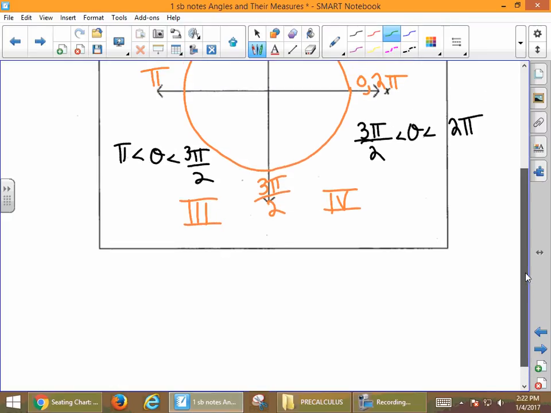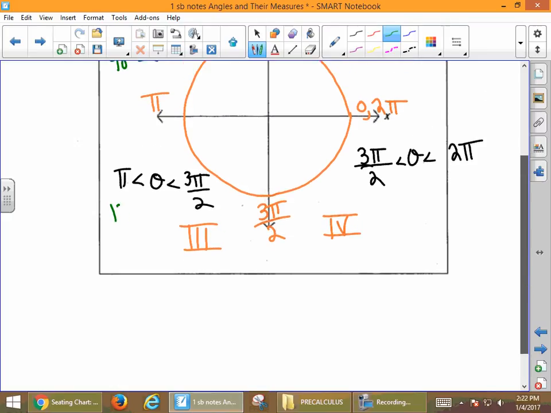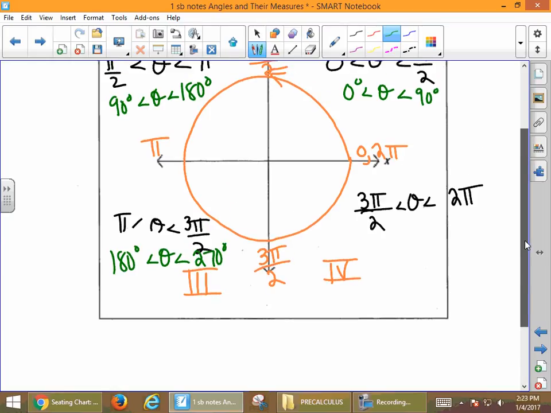Then in quadrant 3, we're going from 180 to 270. Again, 180 is still quadrantal. 270 is still quadrantal. And then here, 270 to 360. 270 still a quadrantal. 360 still a quadrantal.